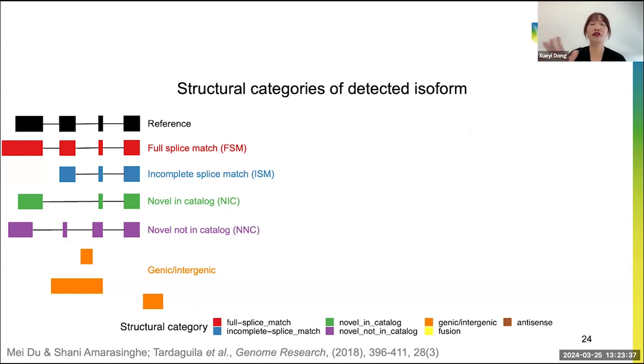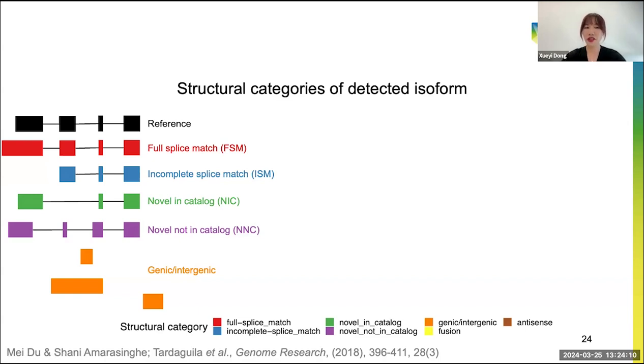So here we consider the full splice match, where the exon junction chain is the same as the reference, as known, while the incomplete splice match has a partially matched splicing junction chain but is missing some of the junctions. Well, for the novel transcripts, there are novel in catalog and novel not in catalog and some other categories.